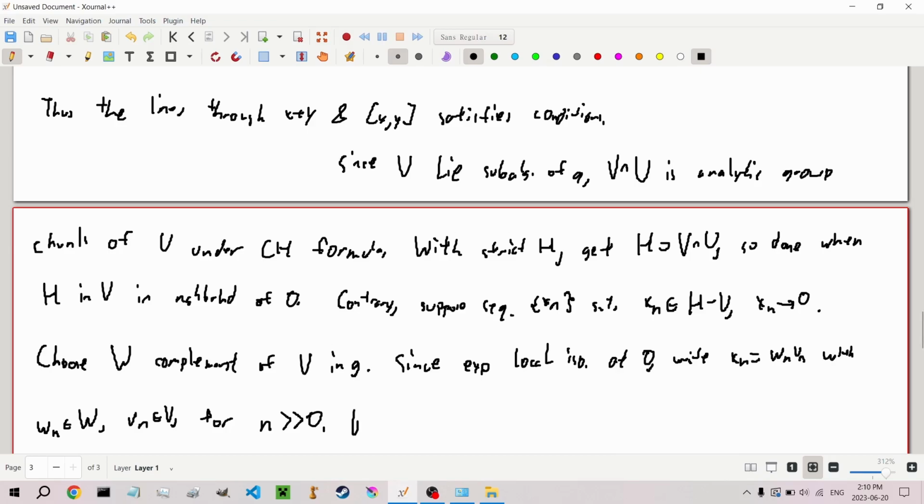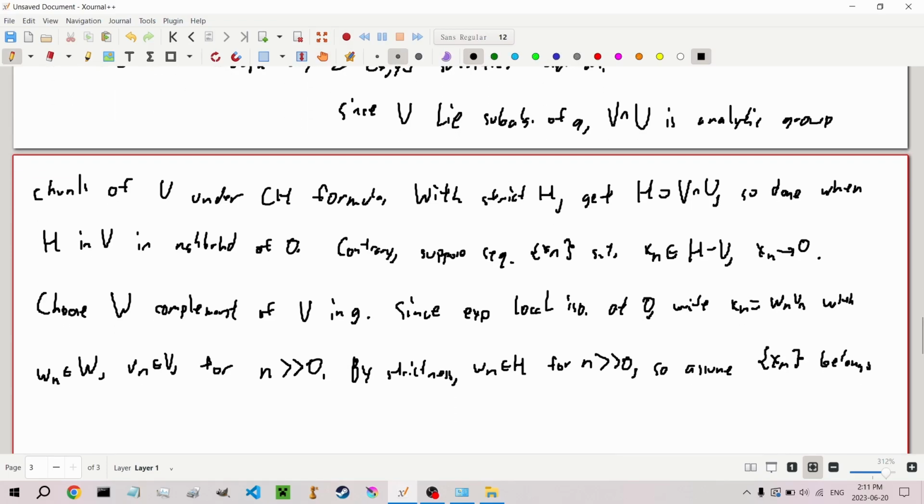By strictness, w_n is in H for large n. So we can assume the original sequence x_n belongs to W.